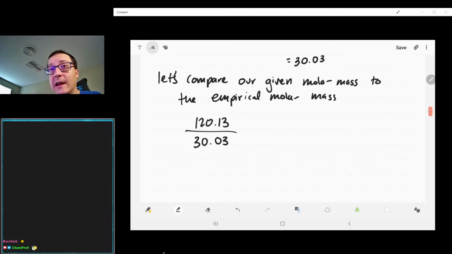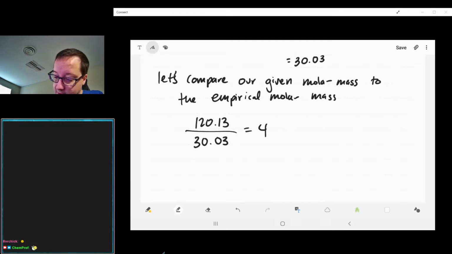Hopefully we can see something here. We can see that this is 4, right? It's just 4 times 30.03, roughly. It looks like pretty much 4.